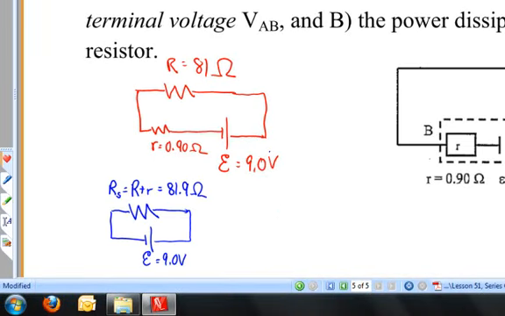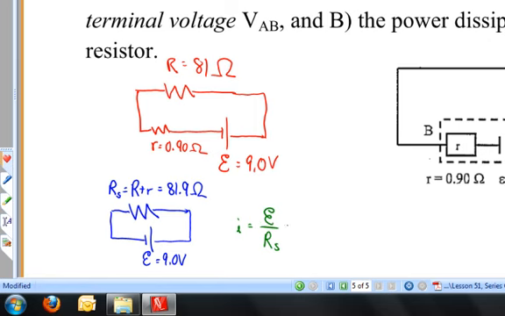Now let me actually figure out what the current's going to be in this circuit. I'll say that I is going to be equal to E divided by RS, where RS is the combined resistance of the external resistance, in this case the 81 ohms, and the internal resistance, which is the 0.9 ohms.